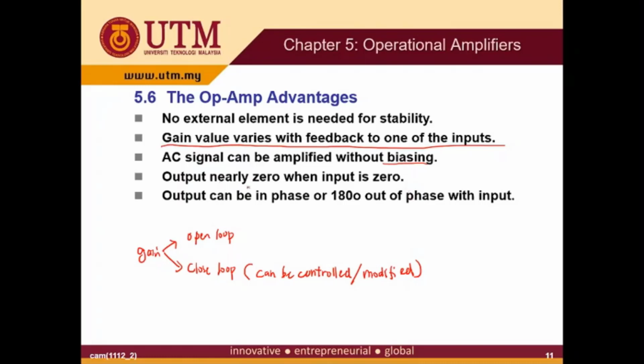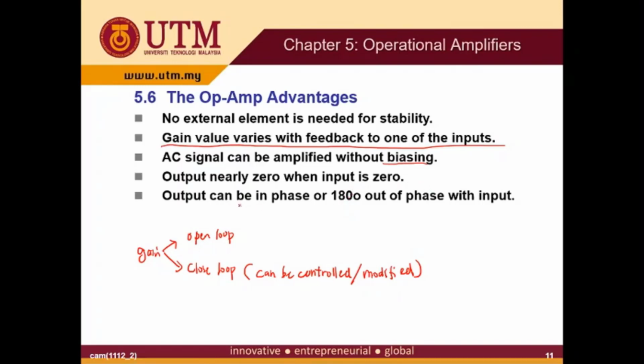And then output is nearly zero when the input is zero. For the op-amp you need to do some optimization because there will be a DC offset, but in certain applications this DC offset value can be ignored.